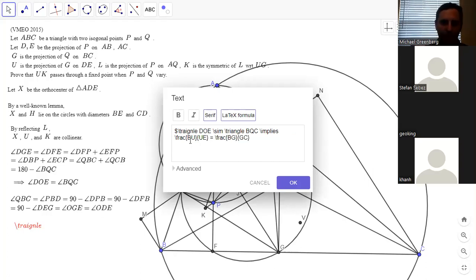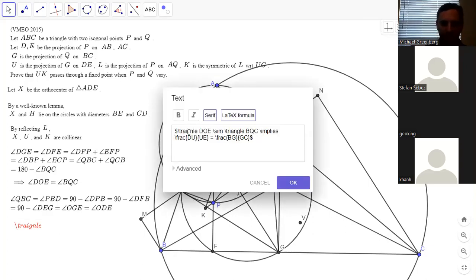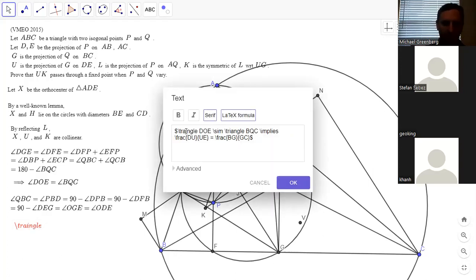I think that should be D. What is happening here? Oh, whoops. That's what went wrong. Triangle.